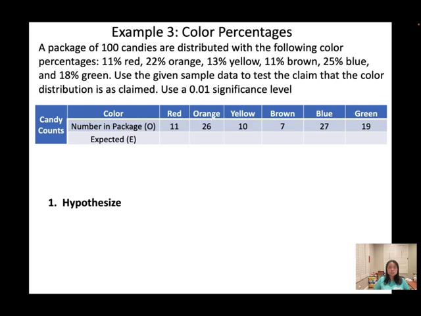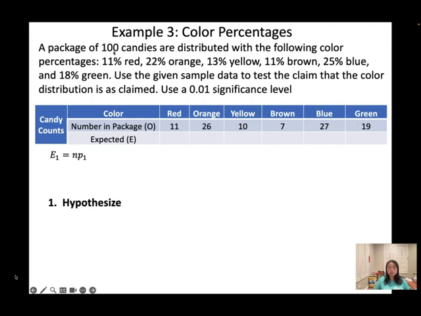Okay, first, let's find the expected frequency. You're going to use n times p1, okay? So n will be 100. Either use the n given here, or you could add up your observed frequencies, and that would be your n.